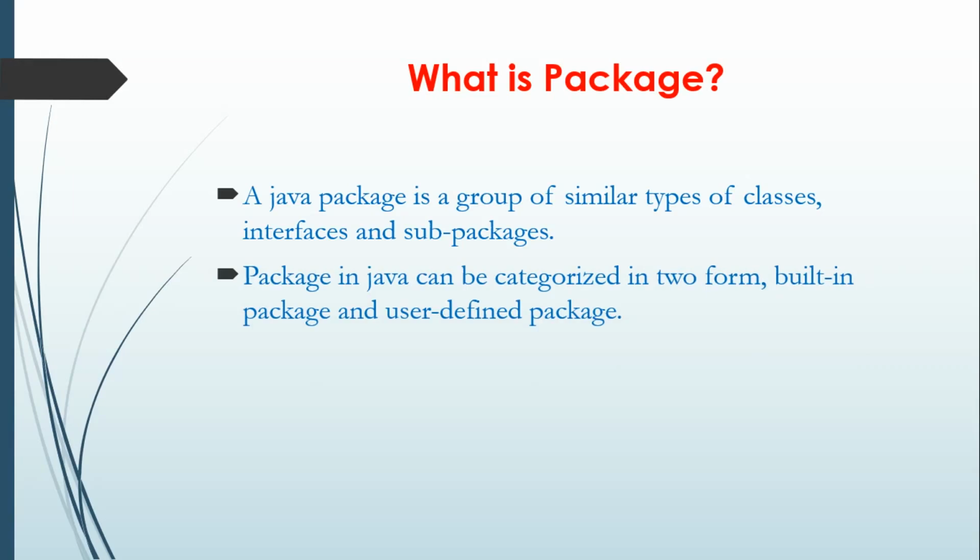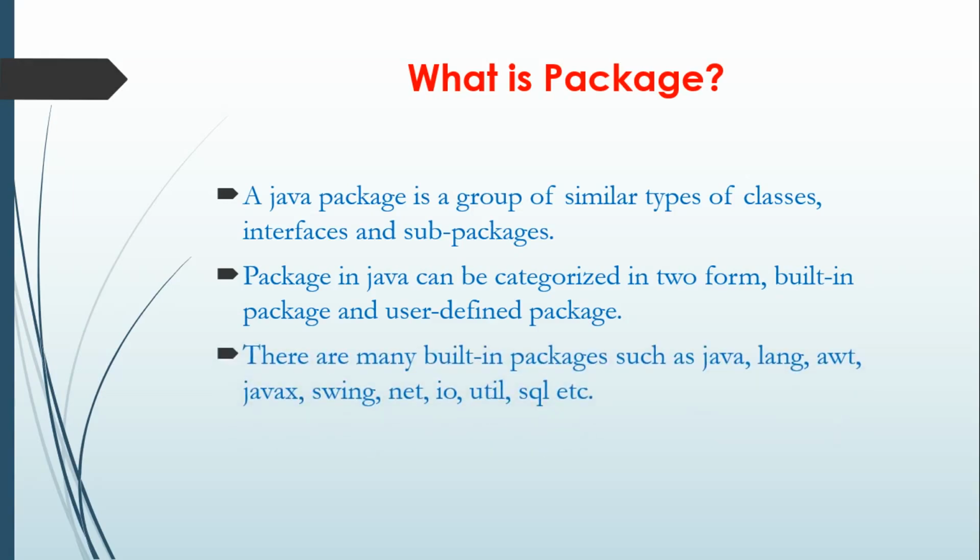Packages in Java can be categorized in two forms, that is built-in packages and user-defined packages. Built-in packages are the standard packages which are already built by Java programmers for utility, and user-defined packages are those defined by the user for their convenience.